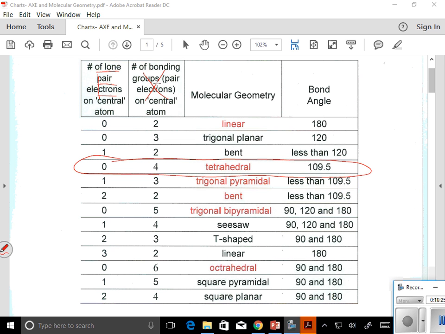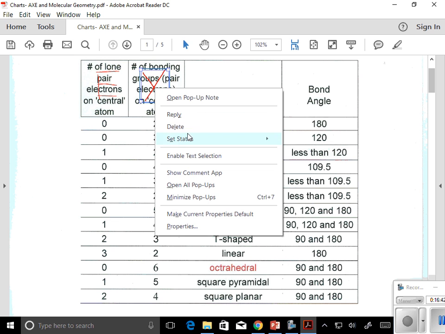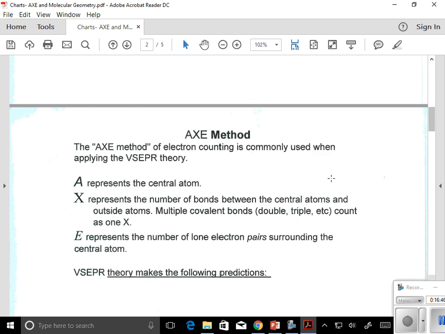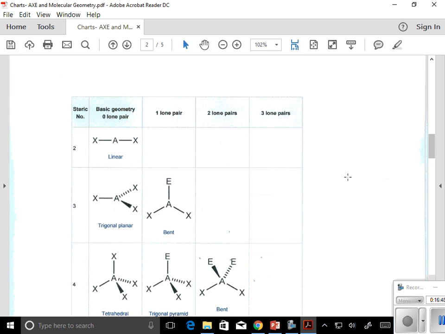Now, this is one of the charts that you can use. I myself do not use this one. I use this.